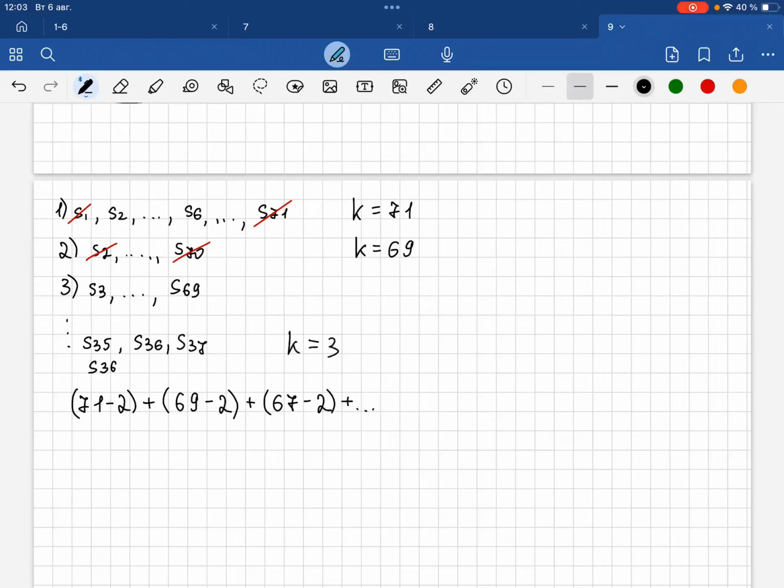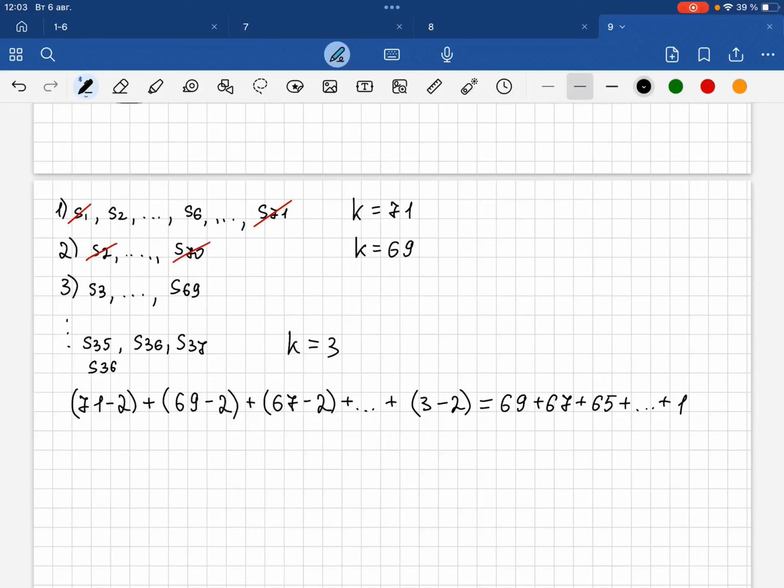So we'll have 3 students, so we'll need 3 minus 2 questions here to move to our answer S36. Okay, so we need 69 plus 67 plus 65 plus and so on plus 1 questions.